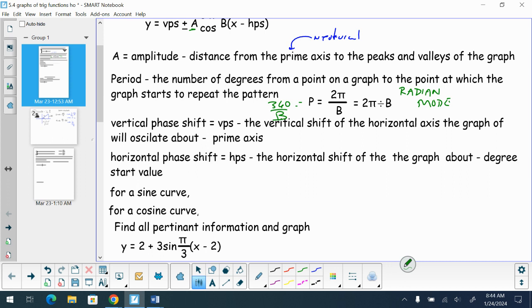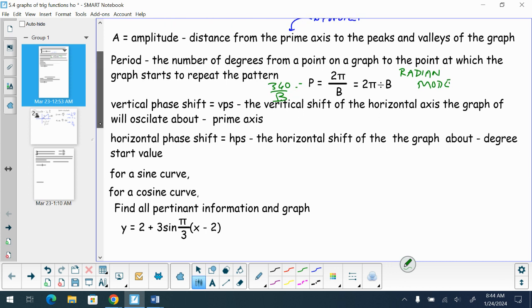We have a vertical phase shift, the VPS that's up here. This is called a vertical phase shift. It's a vertical shift of the horizontal axis. The graph will oscillate about that prime axis. It is a vertical shift of the prime axis.